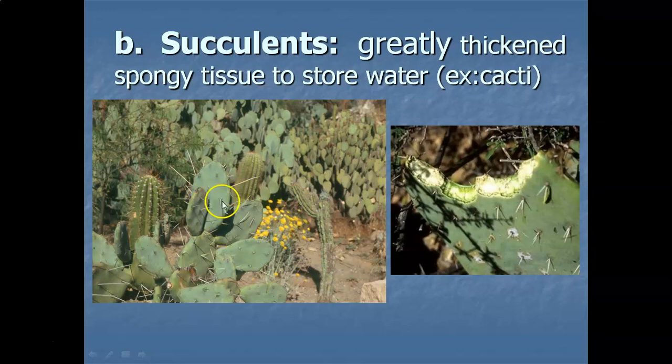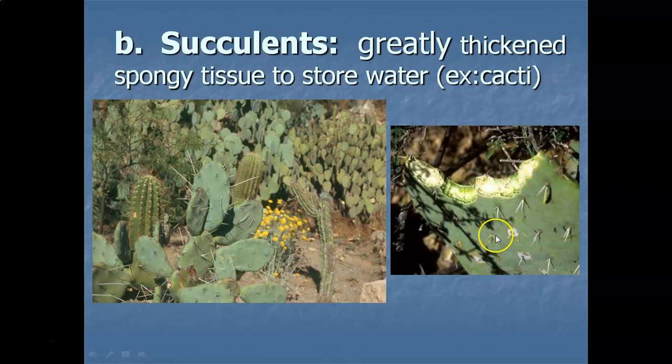This is the prickly pear, a really common succulent out in the desert. And here's a barrel cactus. Again, they really plump up after a rain. If it's been really dry for a very long period of time, they all shrivel up. But when they are filled with water, they are quite succulent and juicy.